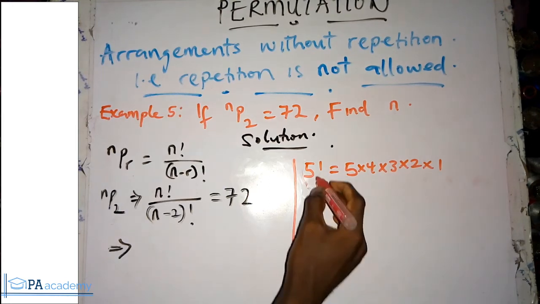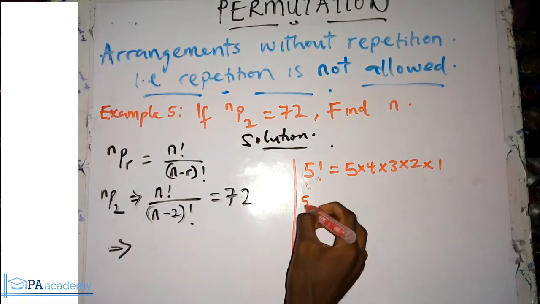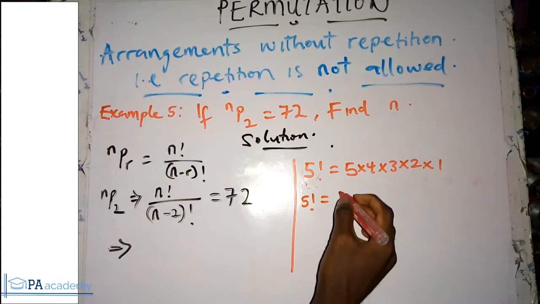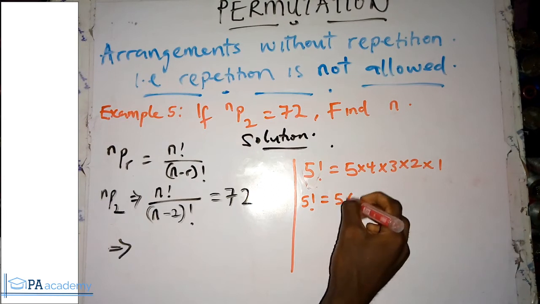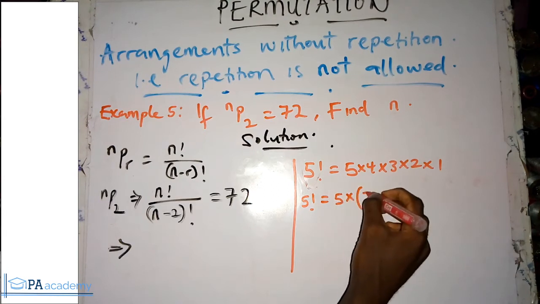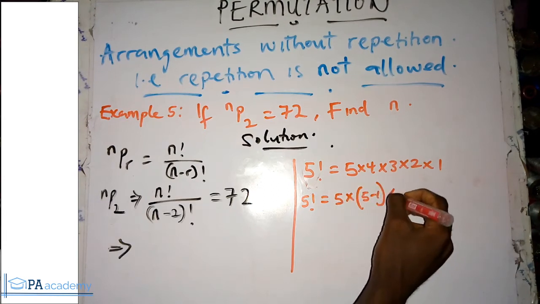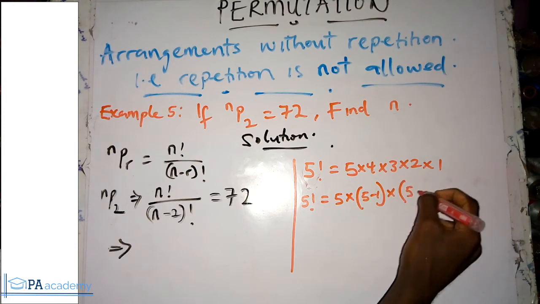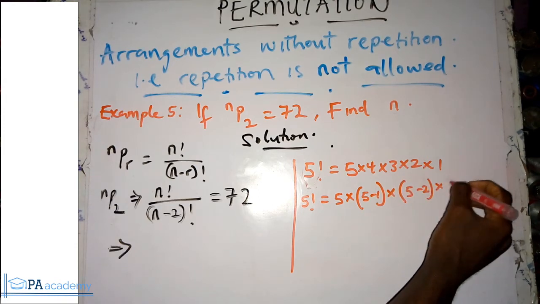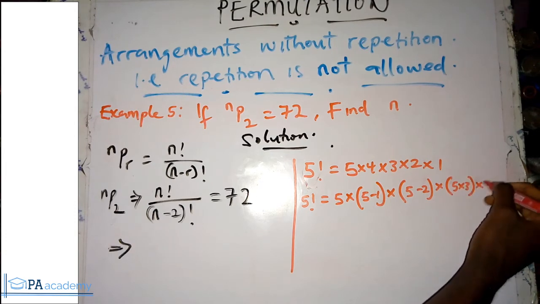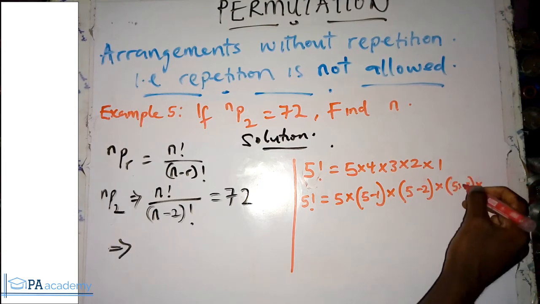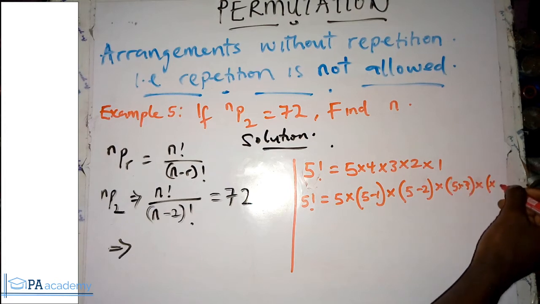We can also write it as 5 times (5 minus 1) times (5 minus 2) times (5 minus 3) times (5 minus 4).